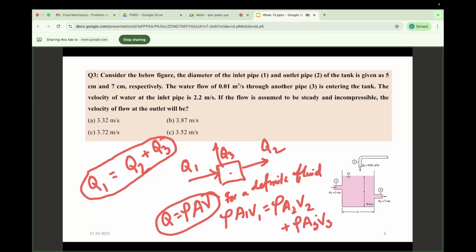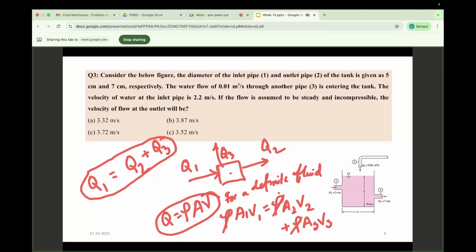So rho is cancelled out, and we get A1 V1 is equal to A2 V2 plus A3 V3. That is the fundamental concept of the mass conservation equation, the continuity equation.